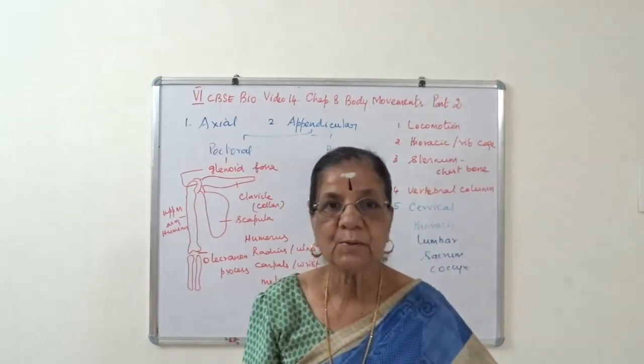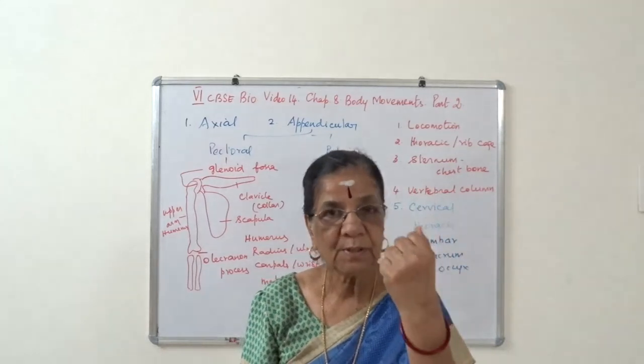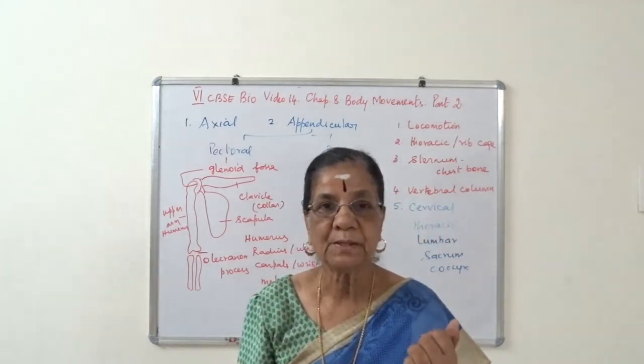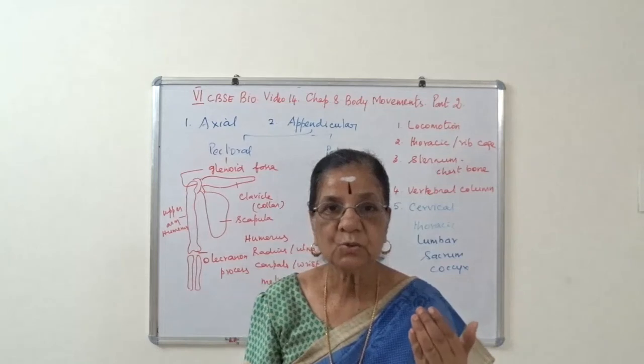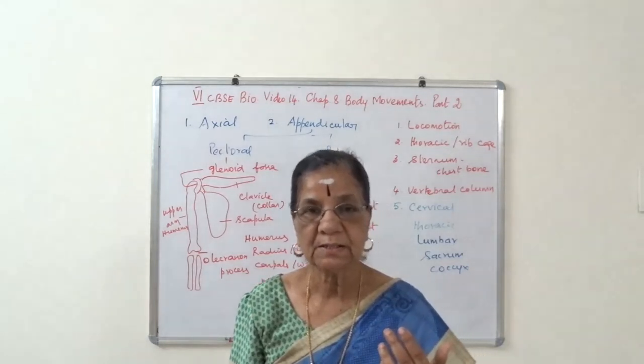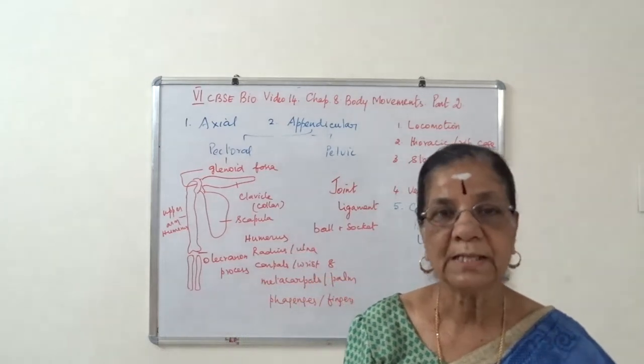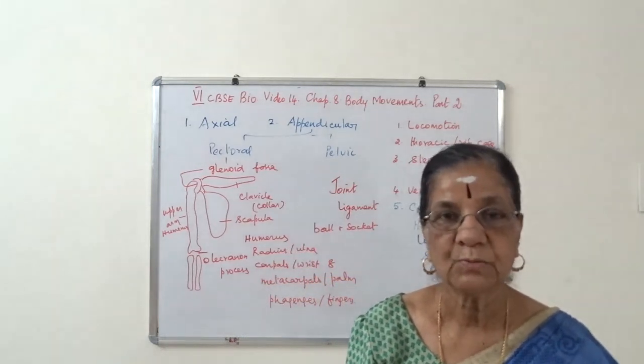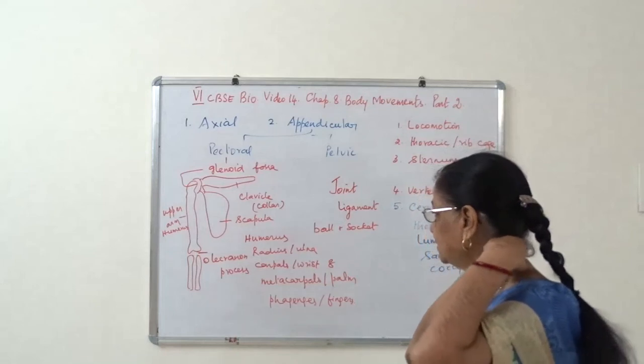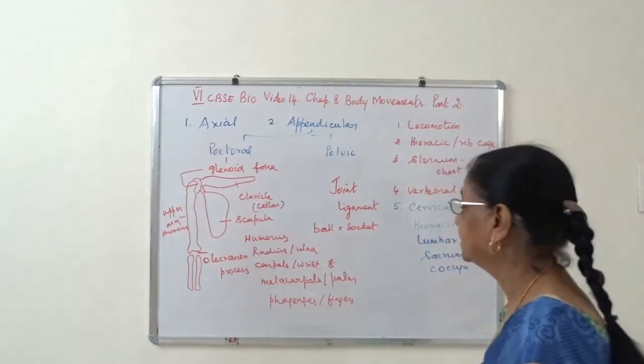If it goes backward, the arm will break, right? So we can do this, but we cannot do it backward. So it allows movement in only one direction. I hope you follow. So this is for the bones of the upper limb.